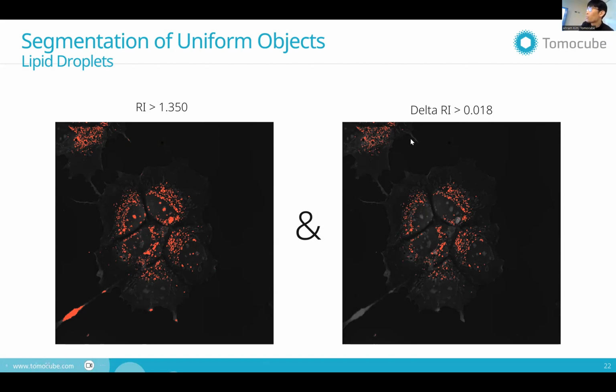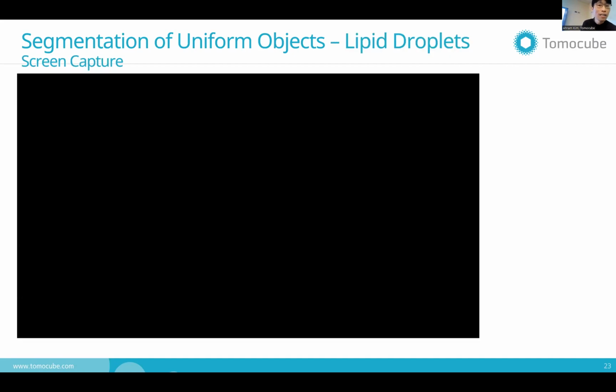So we use the second criterion here, the relative value brighter than 0.018. In this case, it's not included. So by taking the intersection of the two, we could get the objects for the LD analysis, like I showed before.